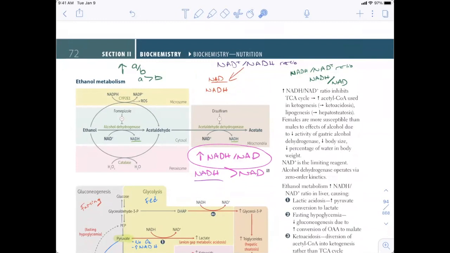The first one is your alcohol dehydrogenase, which will change the alcohol or ethanol to acetaldehyde. Then additionally, you need an acetaldehyde dehydrogenase that could change it to acetate.